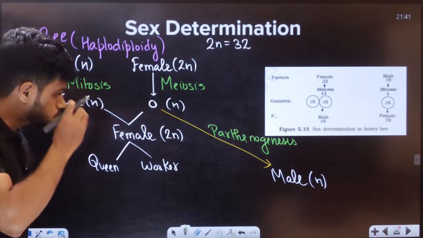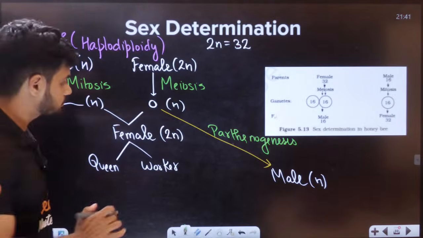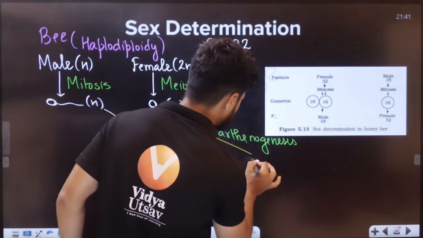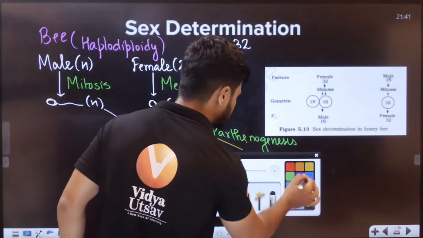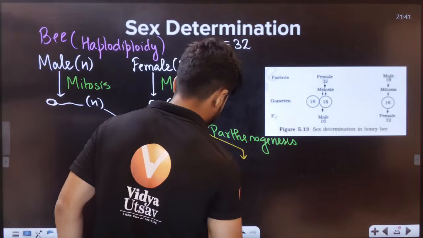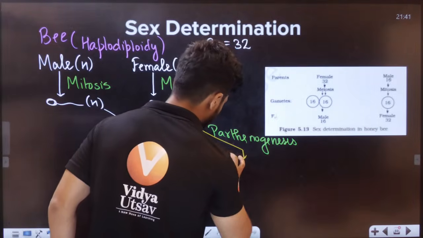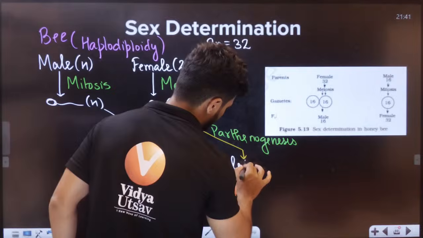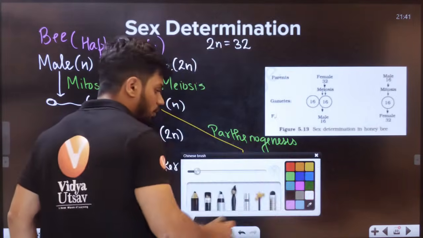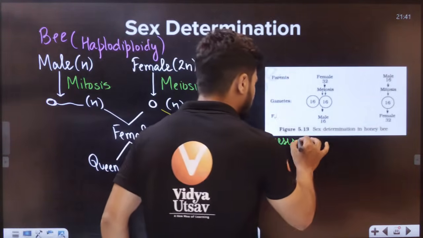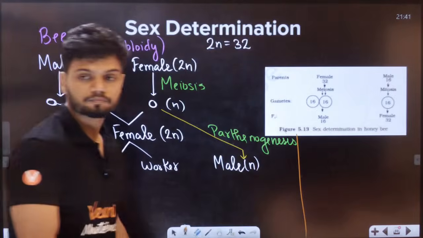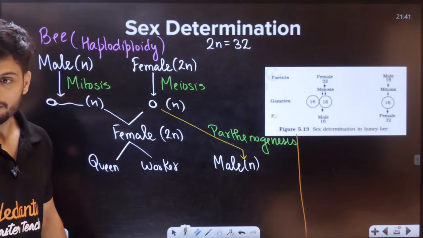Okay, let me just write it here separately. I need more space. Male haploid. Now, I want all of you to understand this current scenario.